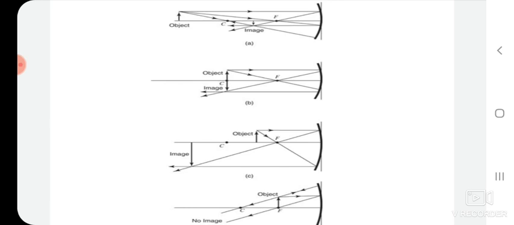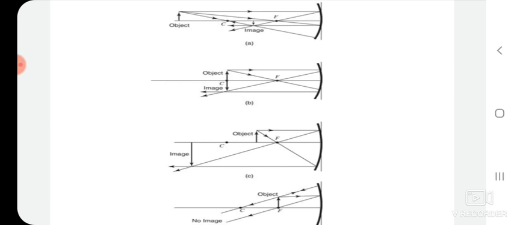The 3 images are real images. First 3 images are real images. Real images can be shown on a screen because the light physically comes together at a point in space. It is an important point we have to understand. In the first 3 cases, the image is formed at a finite distance.